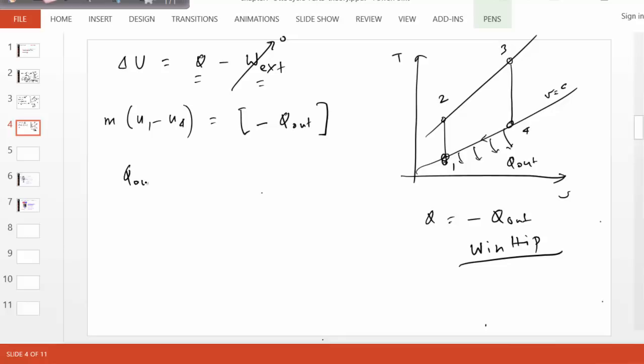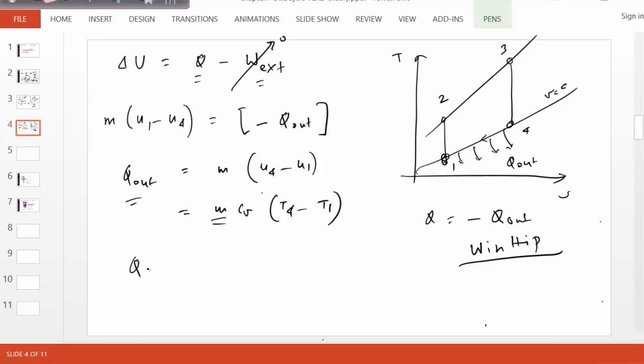So therefore Q out equals m (U4 minus U1), which is mCv (T4 minus T1). In other words, if you know the mass trapped in the cylinder and the temperature at 1, 2, 3, 4, you can calculate Q in and Q out.